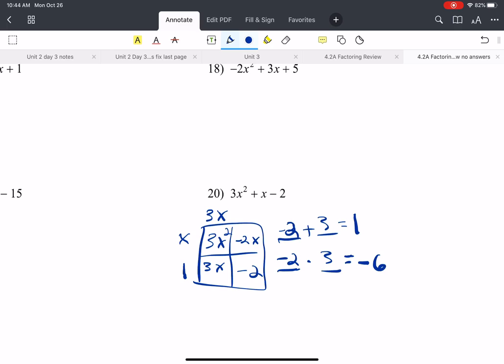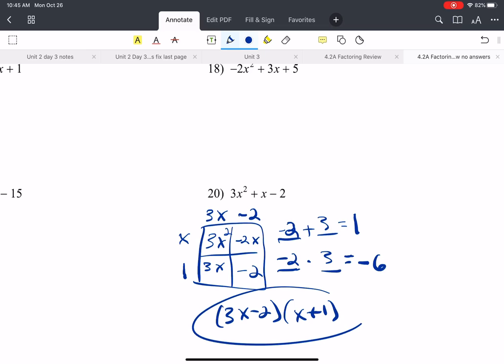Anyone? First one's negative, so I know I'm going to take out a negative for sure, right? And is there any variable or number I could take out also? 2. So it's negative 2. So then my factoring is 3x minus 2 times x plus 1.